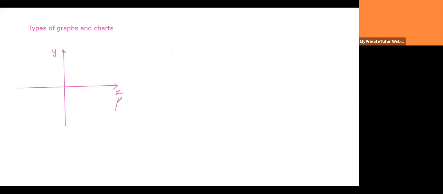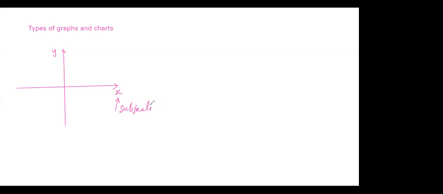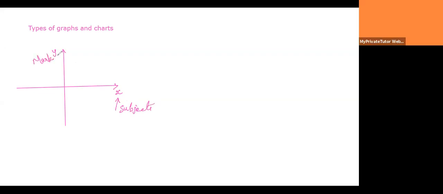The x-axis will represent, maybe, subjects, and the y-axis represents the marks. So we are comparing the marks to subjects using the graph.